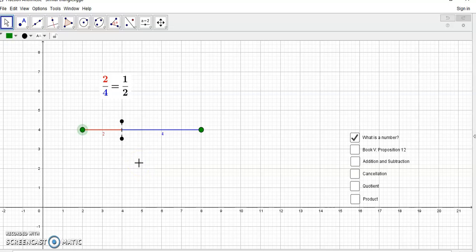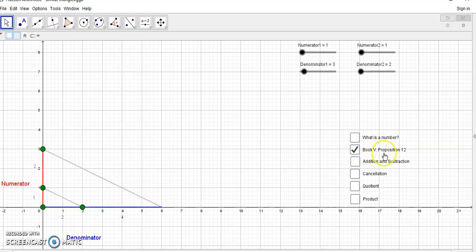sizes or quantities. So the main proposition in Euclid, which is Book 5, Proposition 12, basically states the proposition in a way that doesn't mention anything about similar triangles, but it really comes from similar triangles.